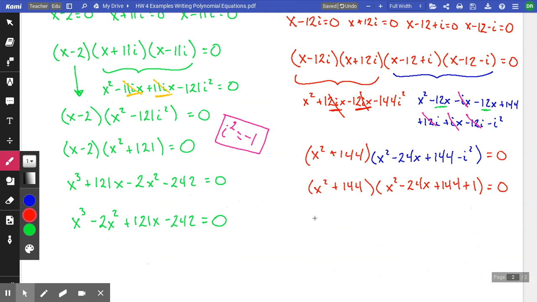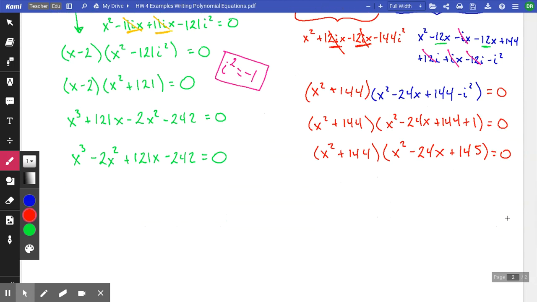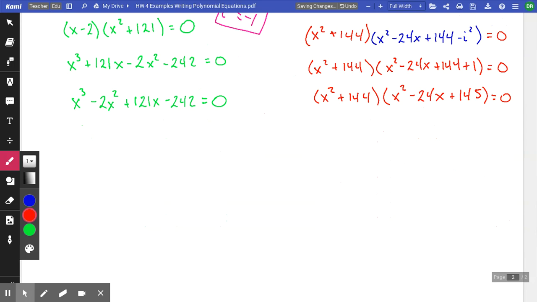And combining those one more time, we get x squared plus 144 times x squared minus 24x plus 145. So let's go ahead and finish this out. We just need to multiply these together and we're all done.